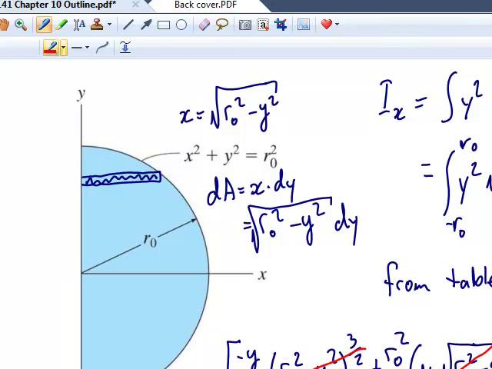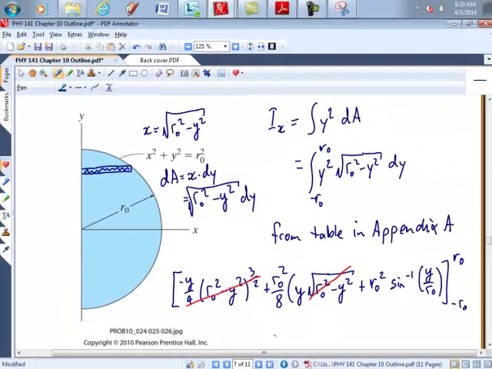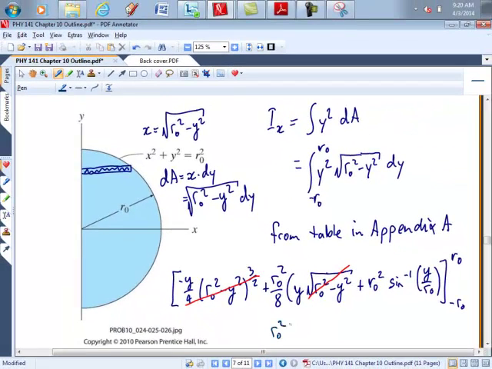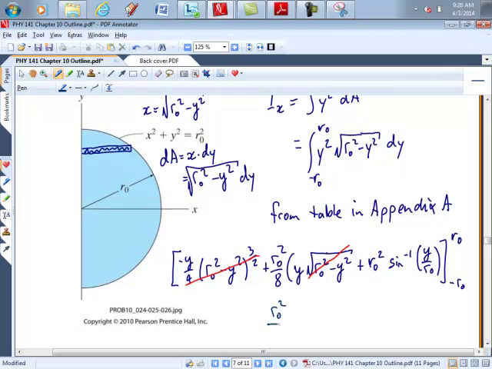So what we're left with is RO squared over 8 times RO squared times the inverse sine of y over RO, that's all constants on the outside, between negative RO and RO.